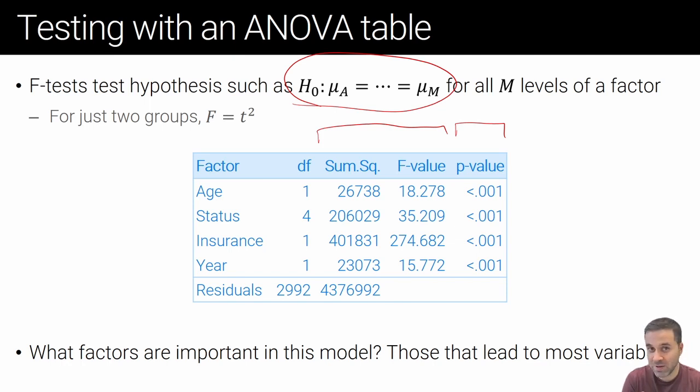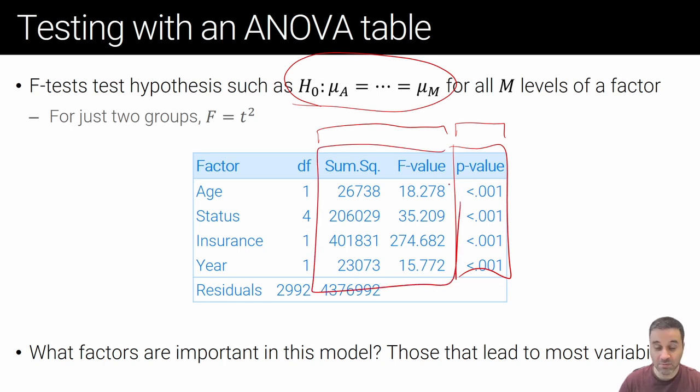And if there's only one of them that's different from the others, then we should expect this hypothesis to be rejected. And that's exactly what we're looking at in this ANOVA table. So again, the p-values test this specific hypothesis about all the groups in the factor being equal. And this part of the table tells us about the importance of the factor. How much variation in the response are they responsible for?